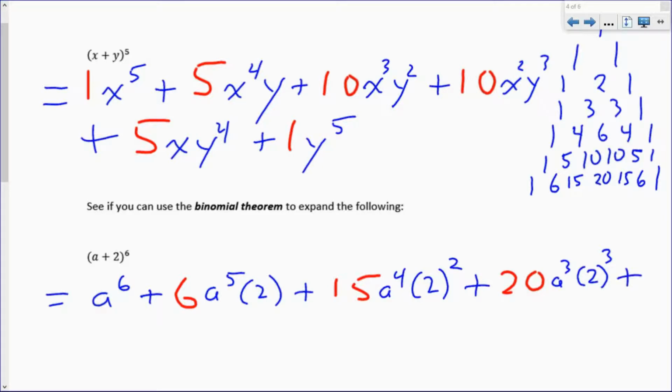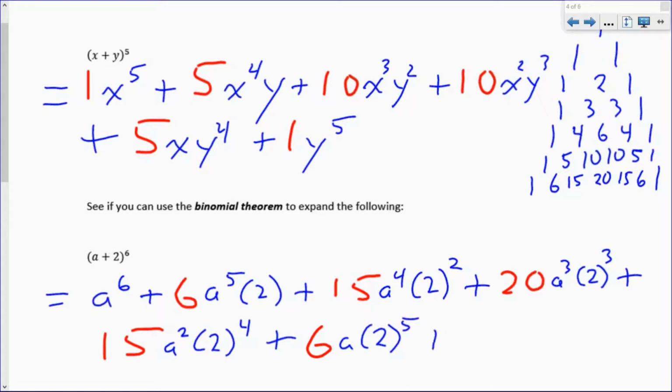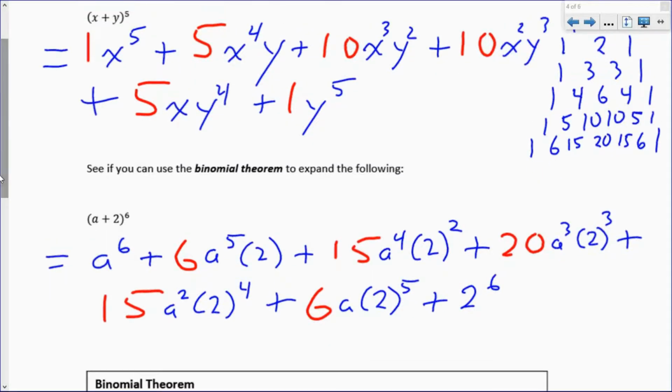A 15 again. And now I have a squared, 2 to the power of 4. And a 6. A times 2 to the power of 5. And finally, a 1. We don't need to write that. And 2 to the power of 6. Now this one's a little different because there was actually a number here. We can actually simplify this quite a bit.